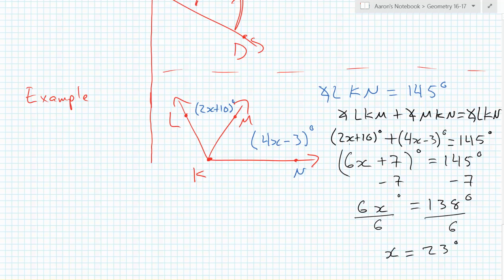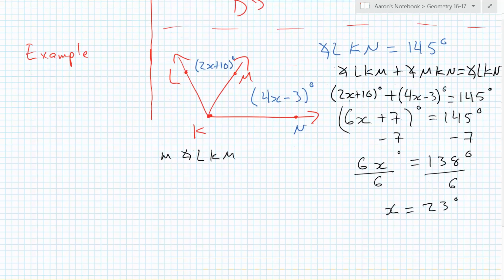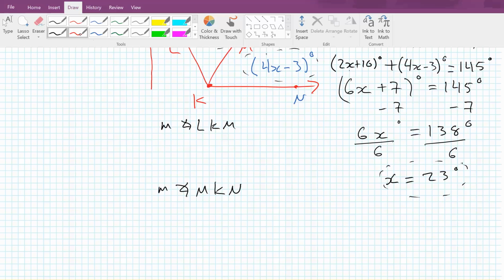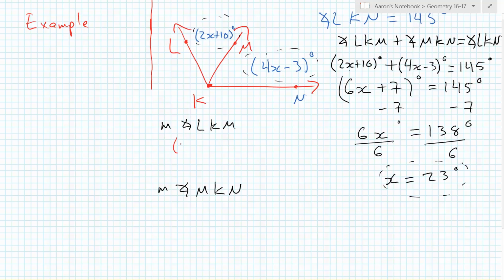Now, if we're looking to find the measure of angle LKM and the measure of angle MKN, we need to plug our value for x into both of these expressions. And so we're just going to do that really quick. We've got 2 times 23 plus 10.